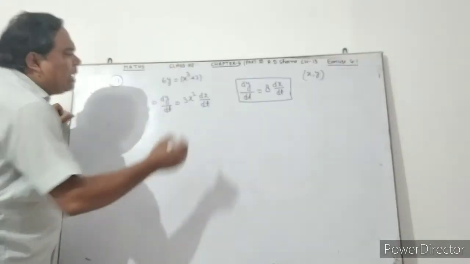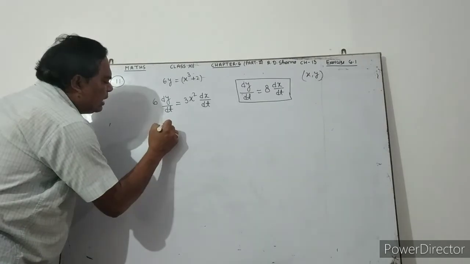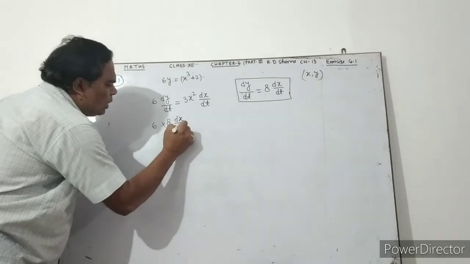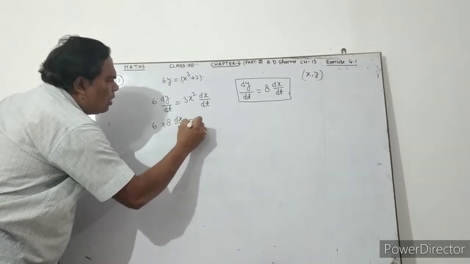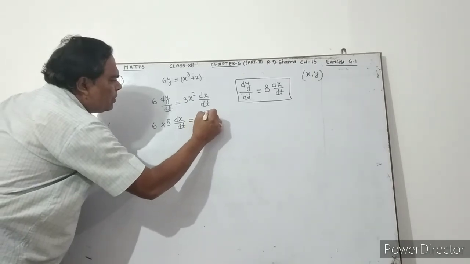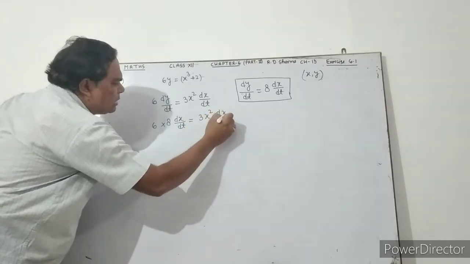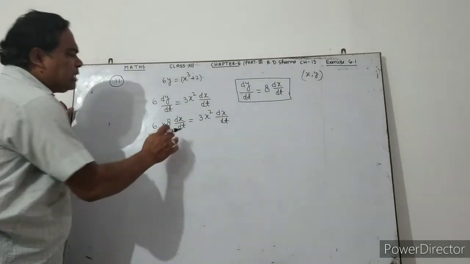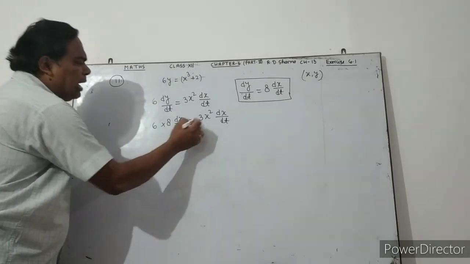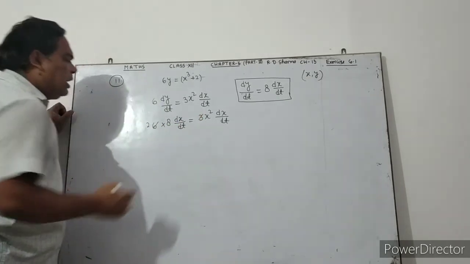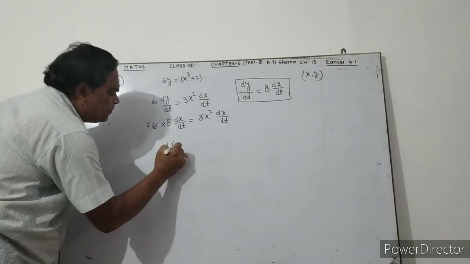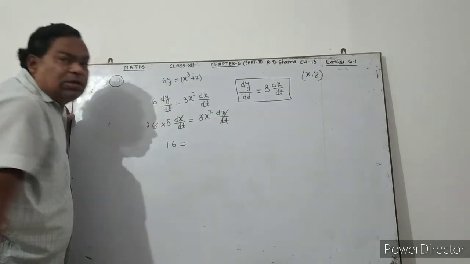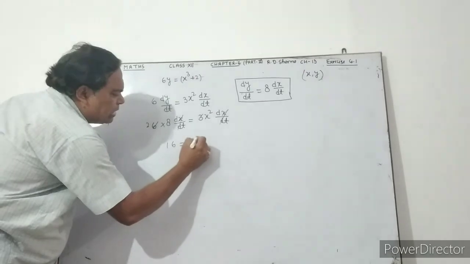So 6 into 8 dx upon dt equals 3x squared dx upon dt. dx upon dt cancels, and 3 into 6 gives 16 equals x squared.